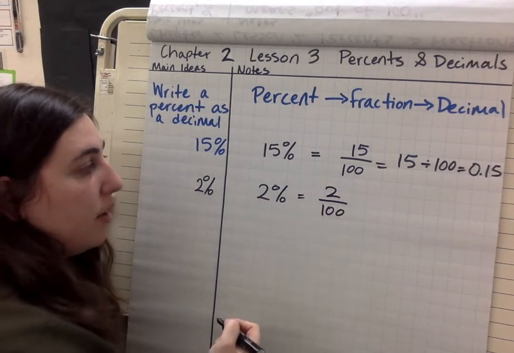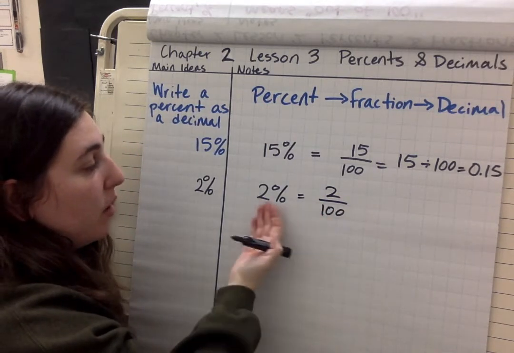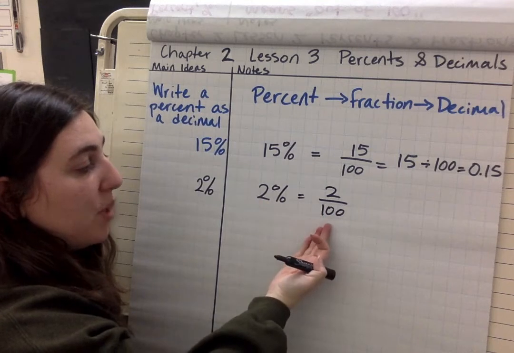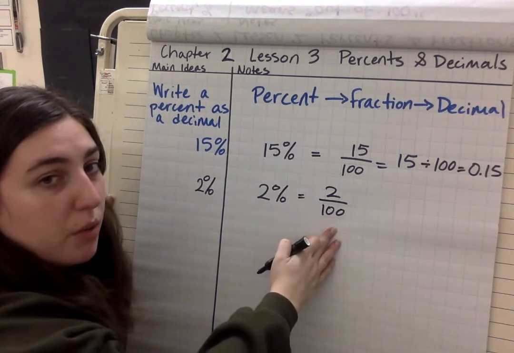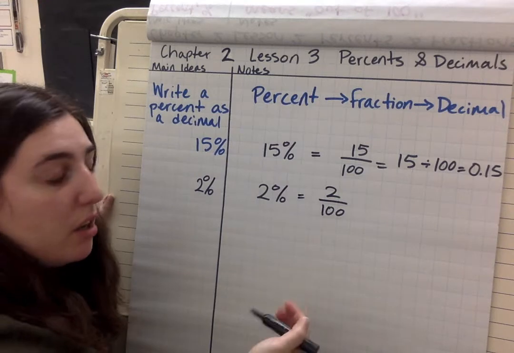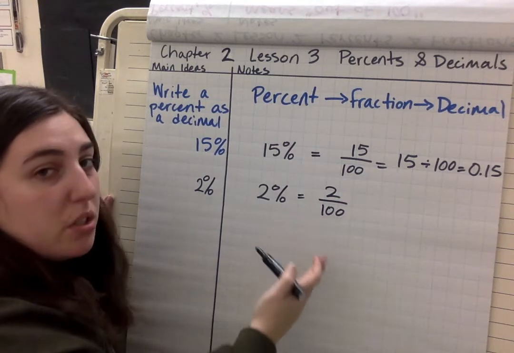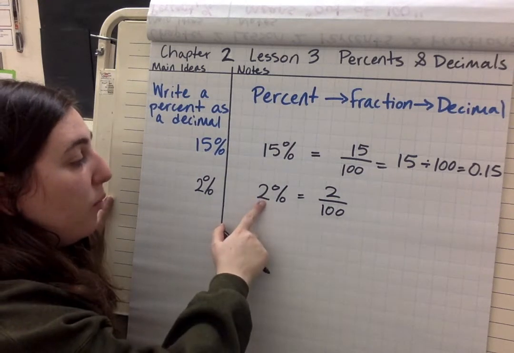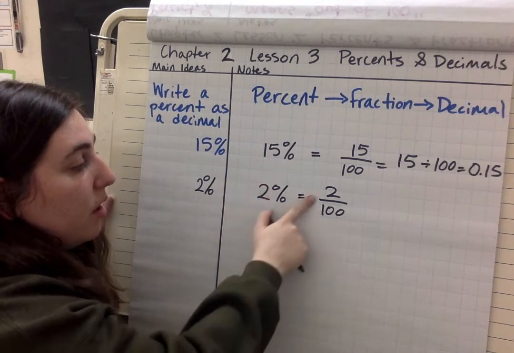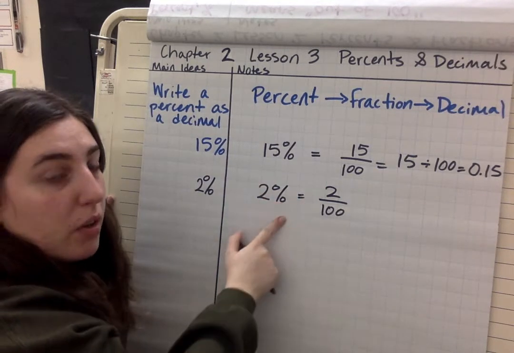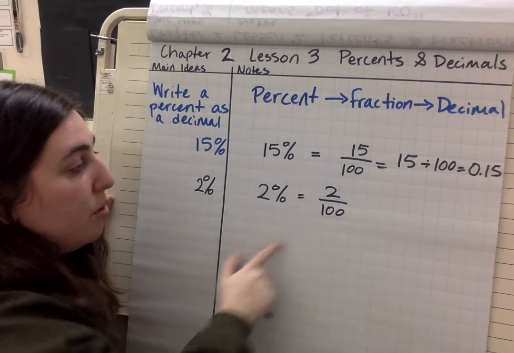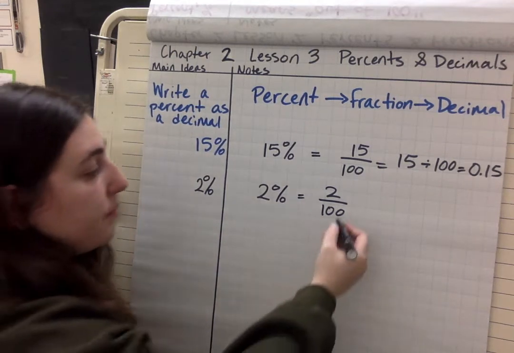2 out of 100. And again, we know that with percents, when we're writing them as fractions, the denominator is always 100 because it's out of 100. But if you're still confused on what to do next, just know that whatever number you have here, it's going to go right up here. Okay? So 2% equals 2 out of 100.